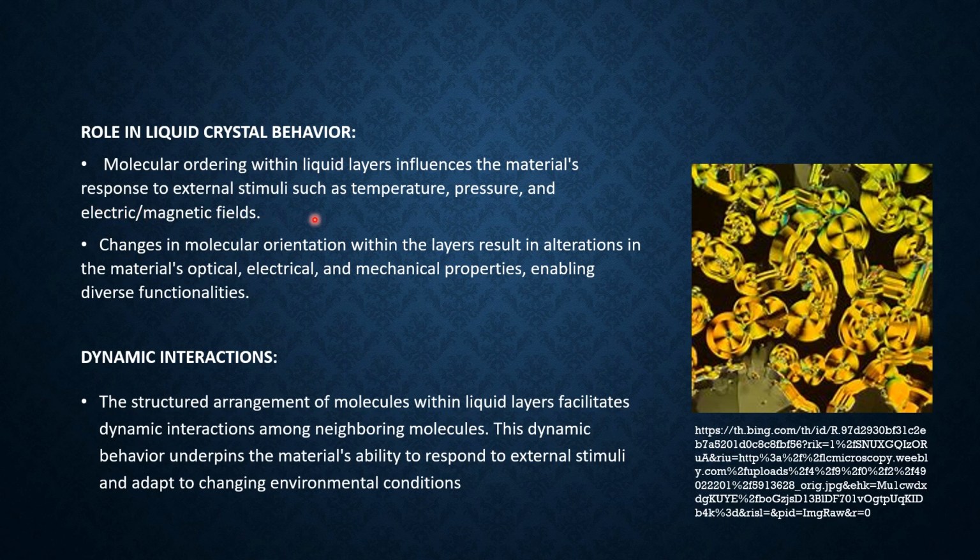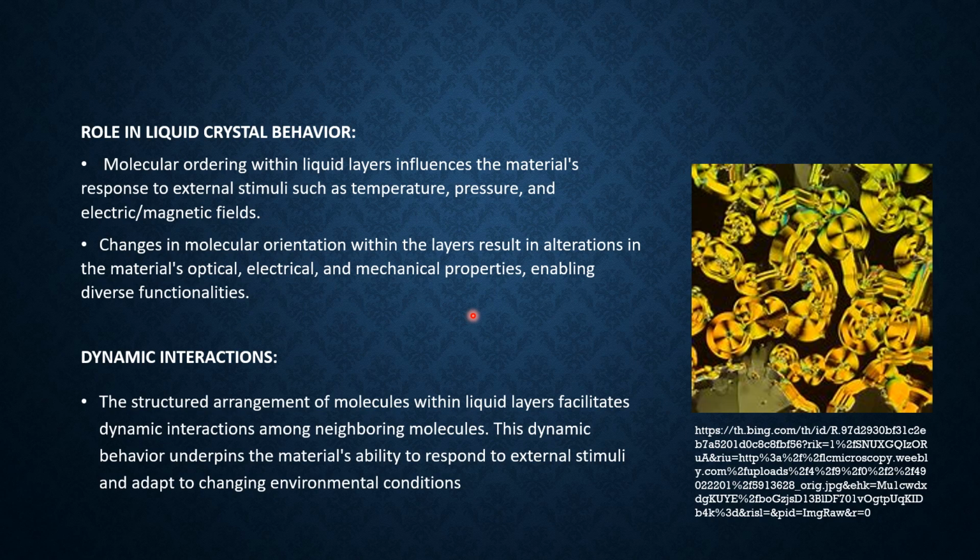Before we saw what properties are changing: electrical, optical, mechanical properties are changing. So based on the change in the property, the material will respond to external stimuli in a different way, such as temperature, pressure, and electromagnetic fields. So this change in orientation results because its properties are changing.